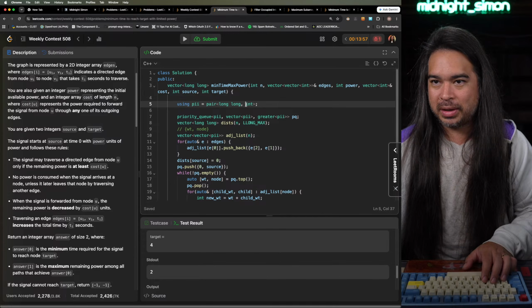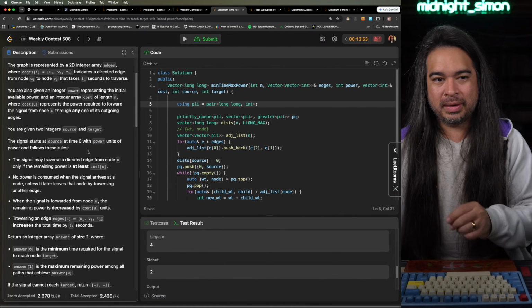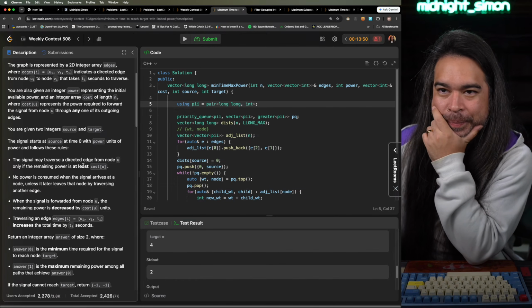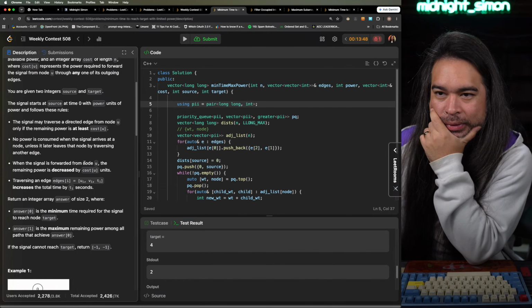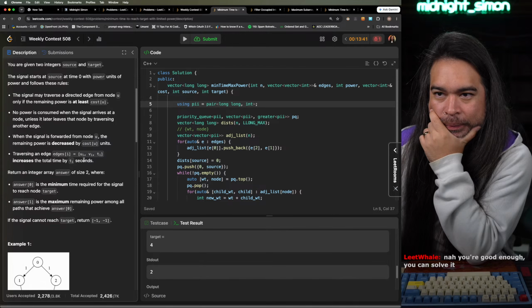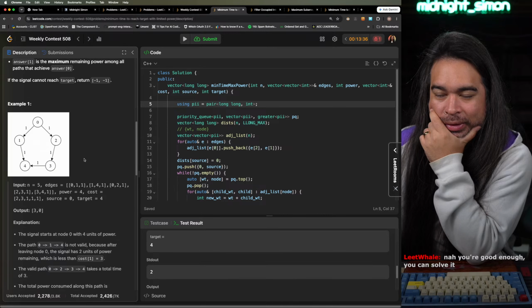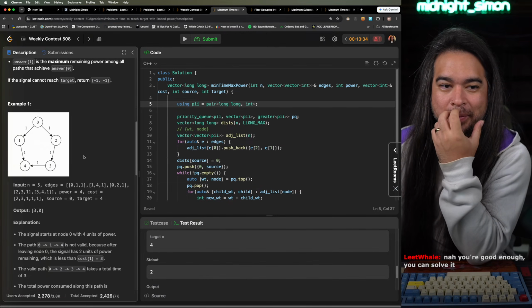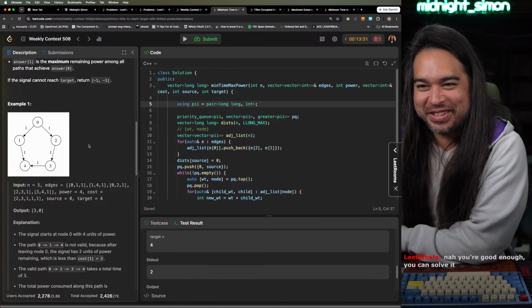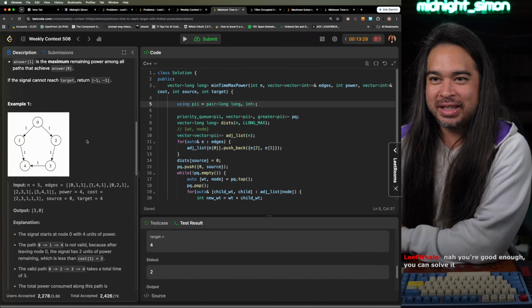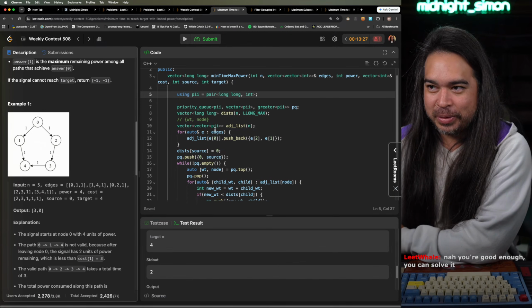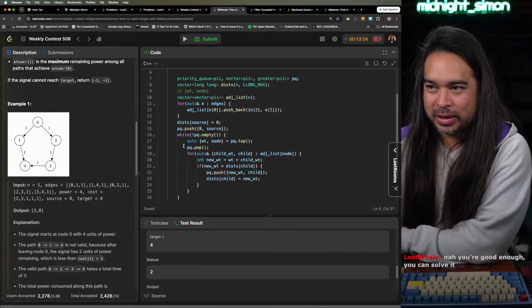Maybe I also need power. I don't know if I can solve it right now though, especially after being a little rusty. Can't even implement Dijkstra's right now, man.